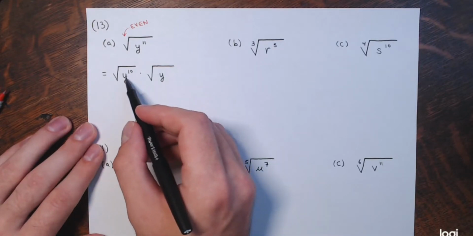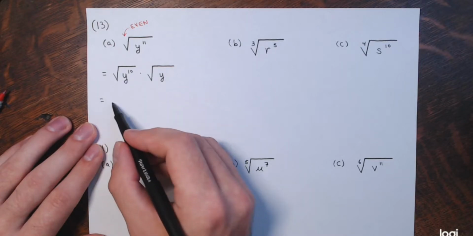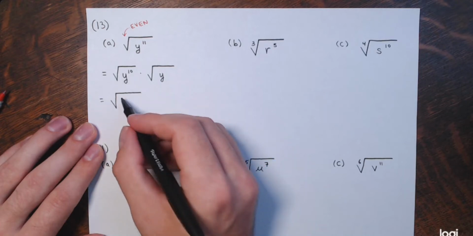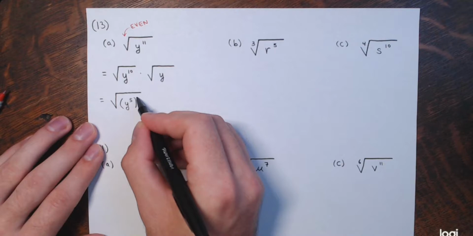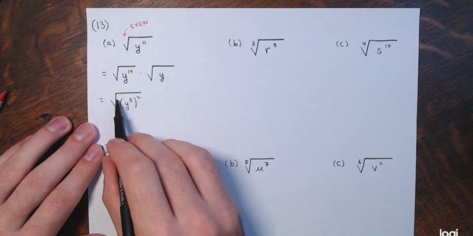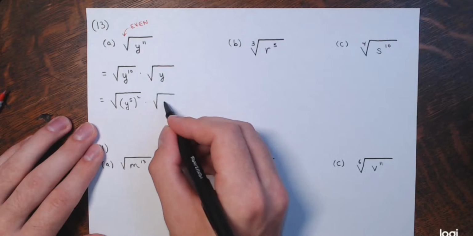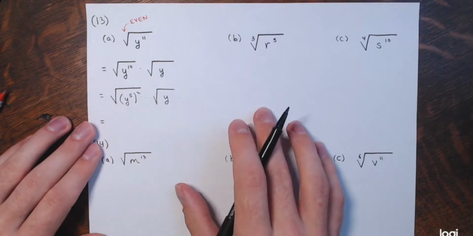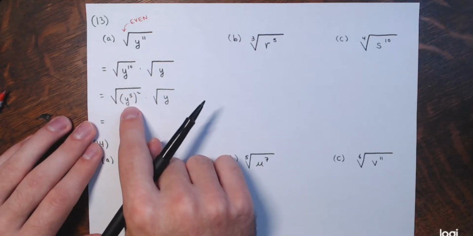And then this is a perfect square. Now, if you want, you can write this as the square root of a square, using that power to a power rule. Y to the 10th is y to the 5th squared. So now I have the square root of a square times the square root of y. And remember, the square root of a square is the absolute value of the base.